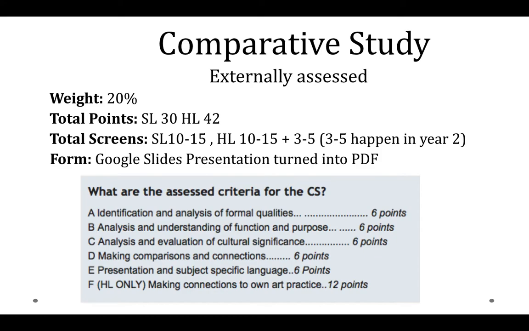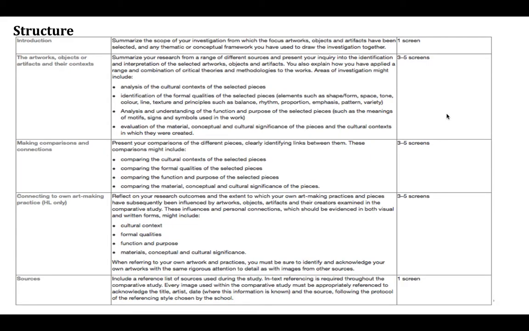So E is actually, you don't have to do any slides for E. What E means is you have used presentation and subject-specific language throughout the presentation. You have shown that you know a lot about art vocabulary. That's what that means. And then the last one, as I said before, is only for HL students, and that's at the end of year 2, so we won't worry about that for now.